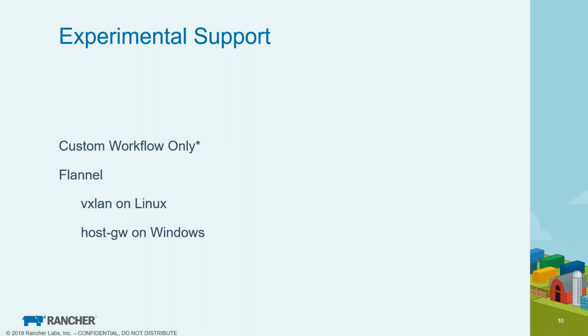And again, we use Flannel networking: VXLAN on Windows, host GW, or VXLAN on Linux, host GW on Windows. The VXLAN support for Windows is either recently in master or I don't know if it's been released yet. As of the last time I checked, which was only a month or so ago, all the code changes were done in master but hadn't been released yet. So that's the other thing.